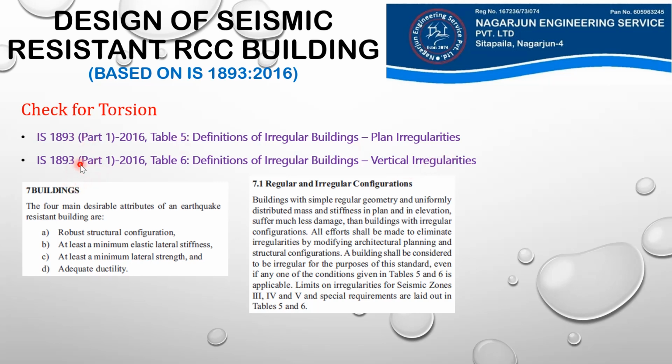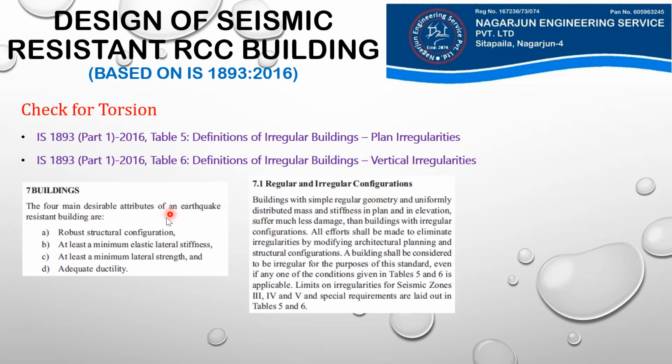So Clause 7 of 1893 states that the four main desirable attributes of an earthquake-resistant building are robust structural configuration, at least a minimum elastic lateral stiffness, at least a minimum lateral strength, and adequate ductility. These are the four desirable attributes of an earthquake-resistant building, and we are trying to design an earthquake-resistant building here.